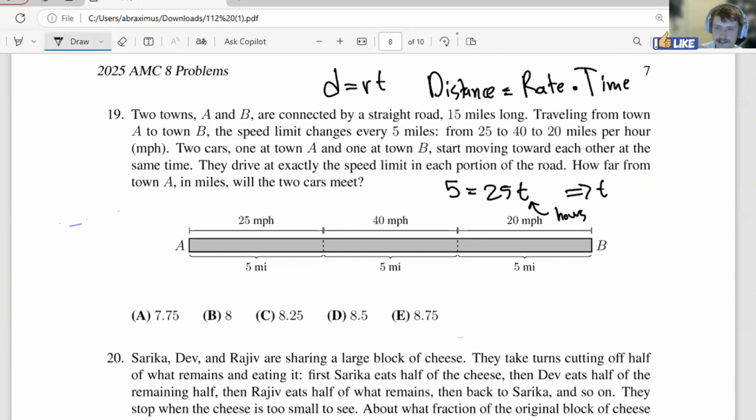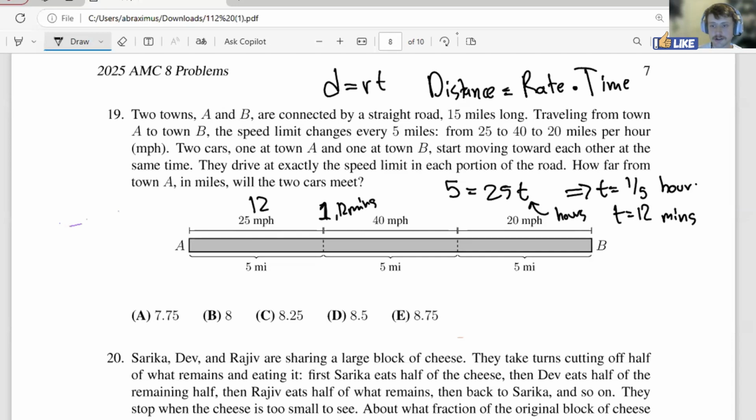That tells us that t is equal to 1/5 of an hour, or t is equal to 12 minutes. Okay, so 12 minutes, driver 1 is here.